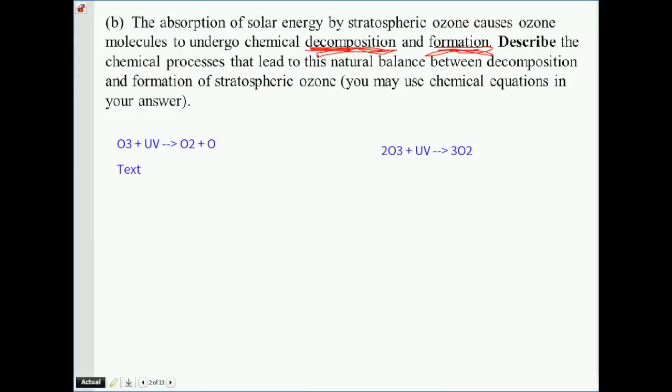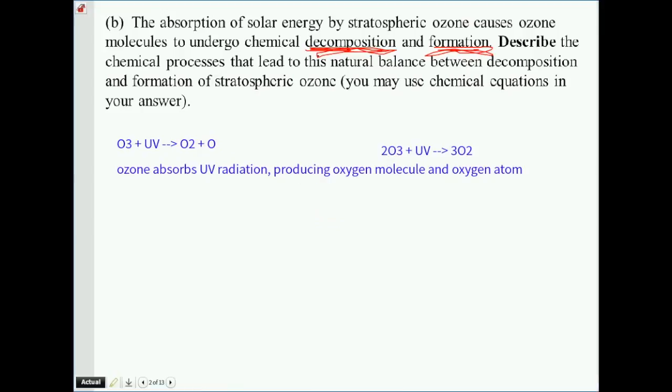So either one of these is a decomposition reaction. Or you could also say ozone absorbs UV radiation, producing an oxygen molecule and an oxygen atom. You could write it either way.